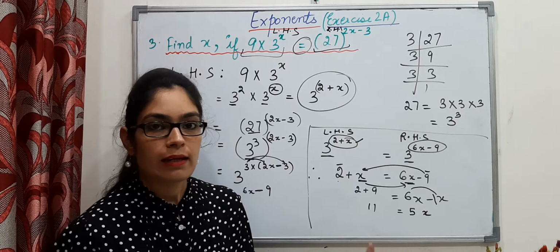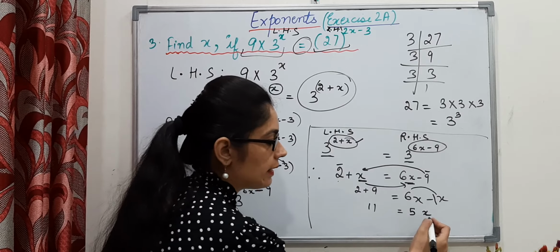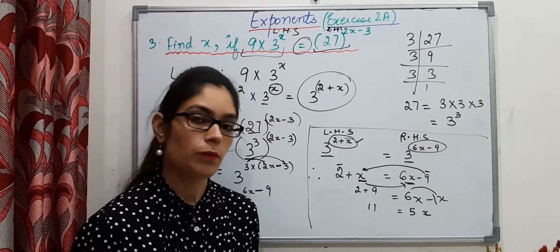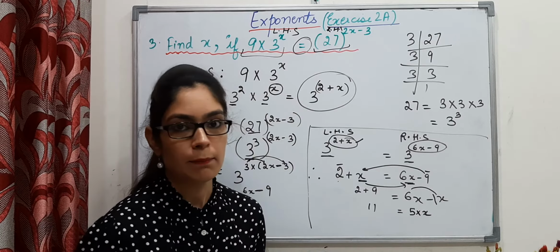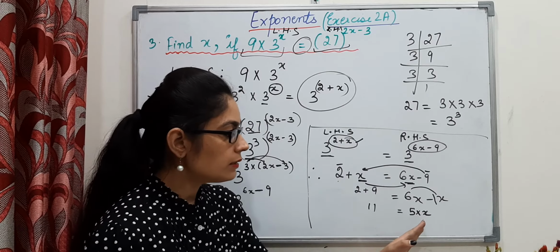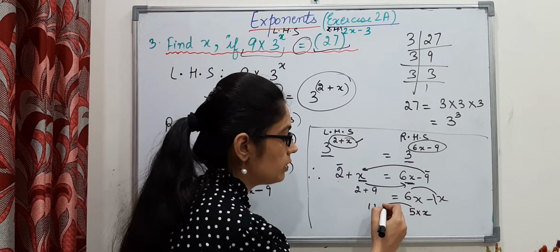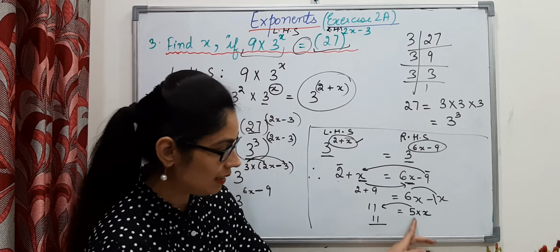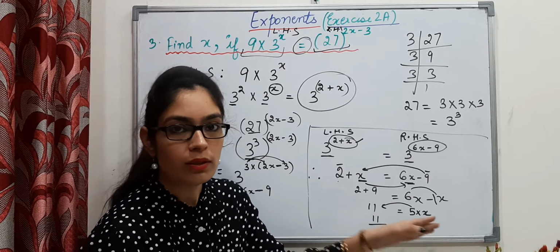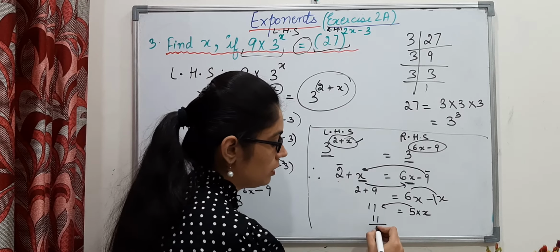Now we only have to find the value of x, only this x, but here 5 is also written. See, when 5 is written with x, that means that 5 is getting multiplied by x. Since this number we have to shift to the other side, that multiplicative term, on changing the side, will be changed to division.